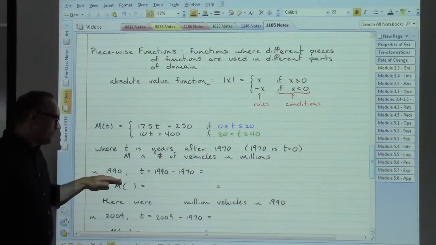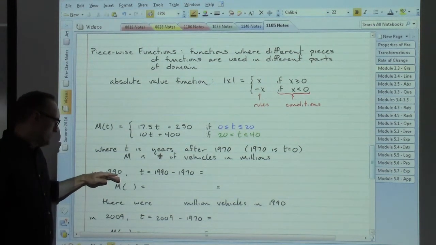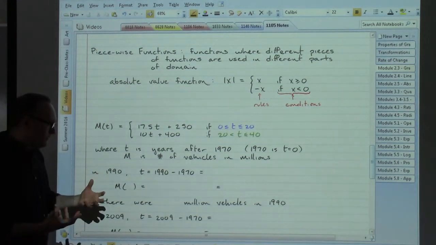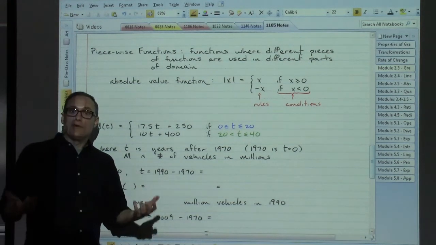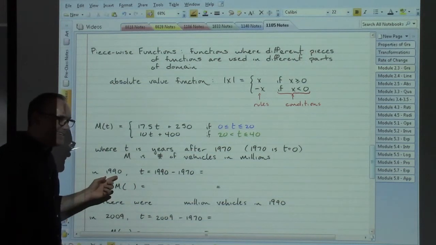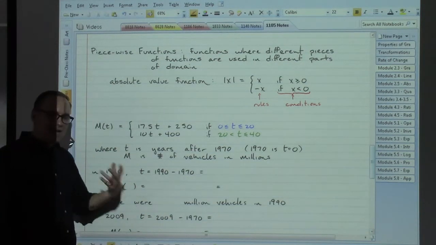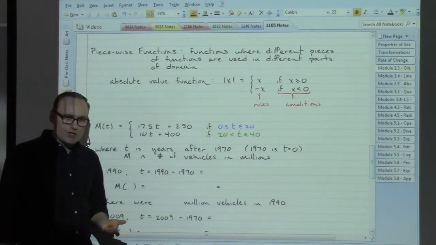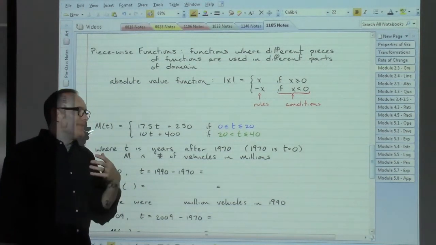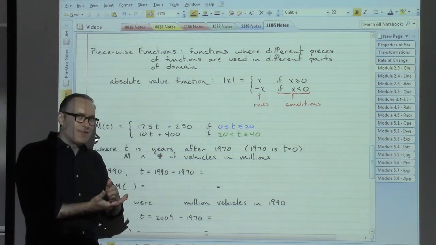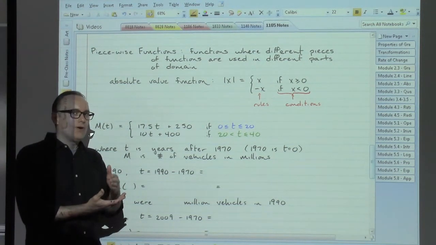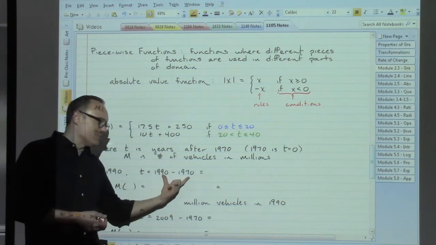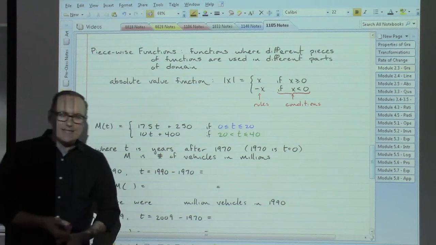So if we wanted to figure out how many vehicles were sold or were out there in the world in 1990, then the way that this is phrased is that there's this little twist. We don't just go plugging in 1990. This function starts with t equals 0 corresponds to the year 1970. So the year 1990, well, how many years after 1970 is that?